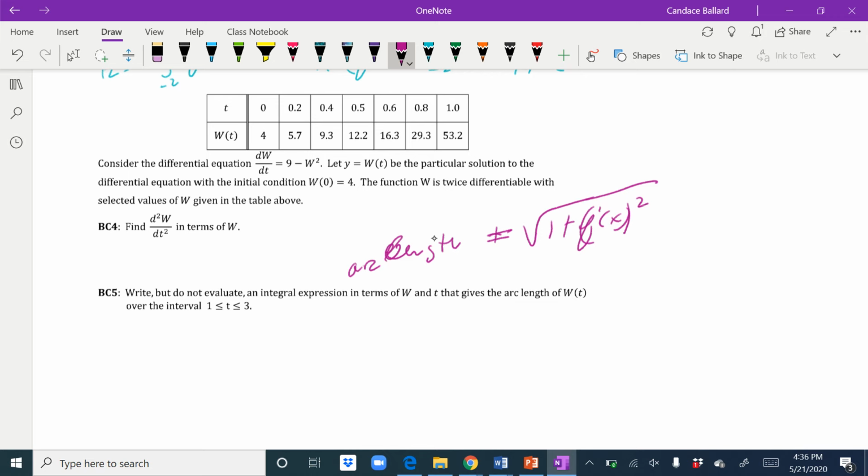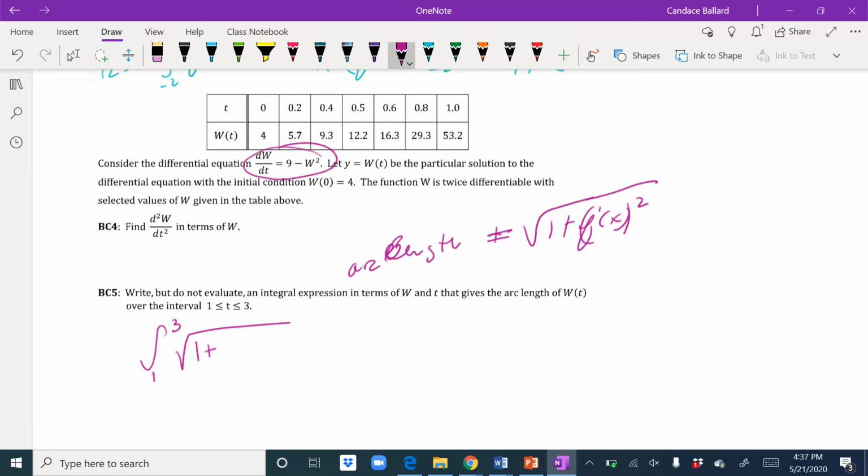All right, we got to integrate this thing. So we're going to integrate from where to where? The 1 to 3. 1 to 3, good. And then the square root of 1 plus, all right, and then do we know the derivative? You gave it to us, like, wait, technically, yes?